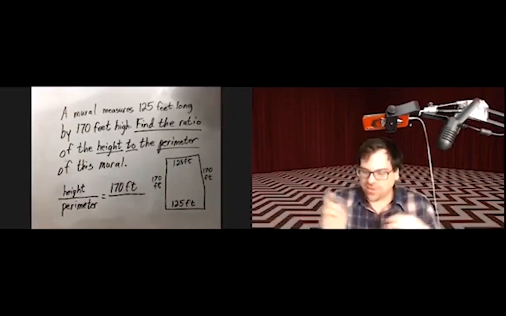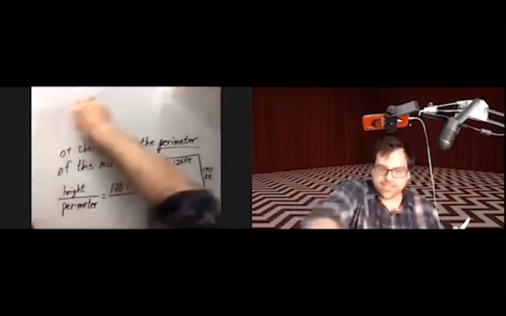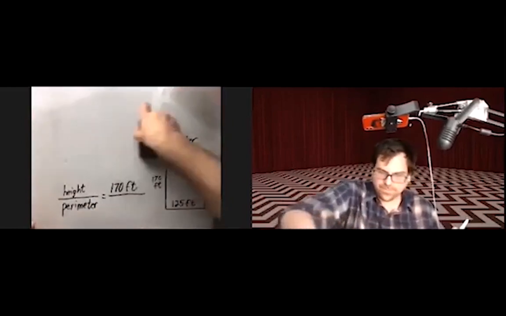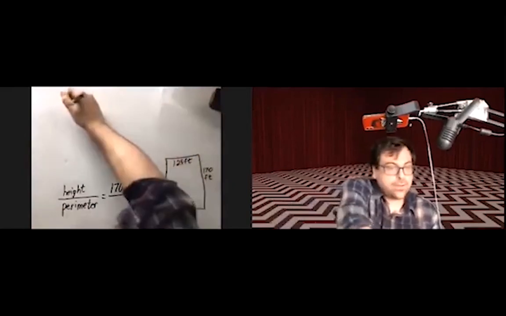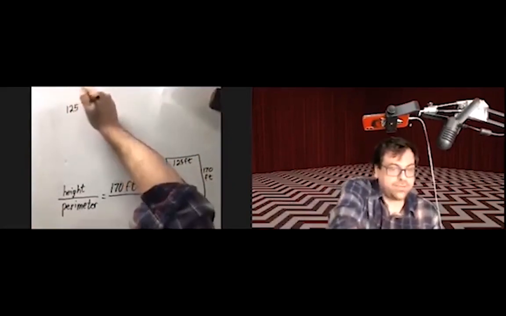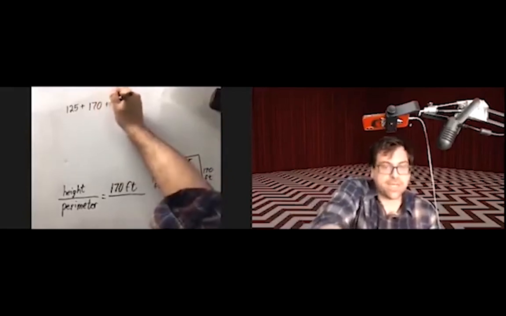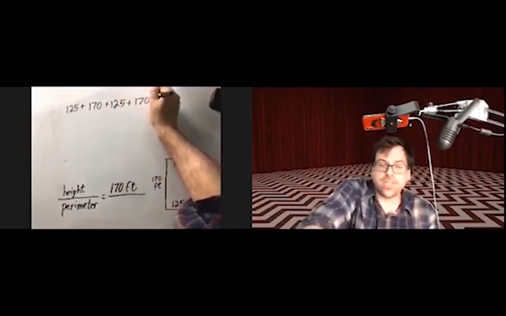As I was saying, how do we find the perimeter? Let me give myself more room. We add the sides. So we're going to add 125 plus 170 plus 125 plus 170.